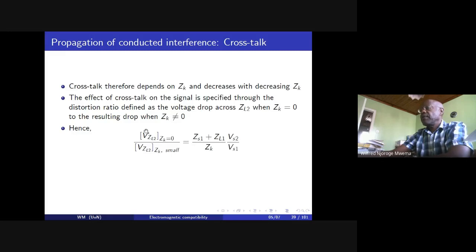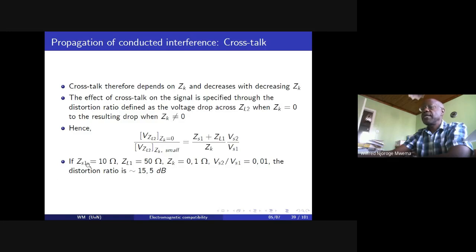And hence, we can get that VZL2 with Zk equal to 0 over VZL2 with Zk not equal to 0 but small will be given by ZS1 plus ZL1 over Zk multiplied by VS2 over VS1, and that defines our distortion ratio.